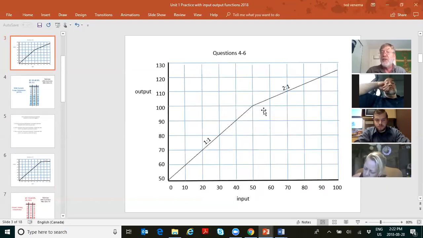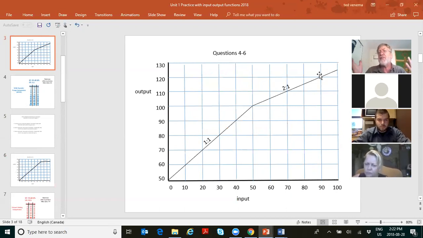WDRC compression is low knee point, low ratio, and it's meant for mild to moderate sensorineural loss, where you're not so worried because the hearing aid's weaker. The hearing aid's not providing 70 dB of gain, it's providing like 50. It's a weaker hearing aid, and that would be 50 if you cranked it up.